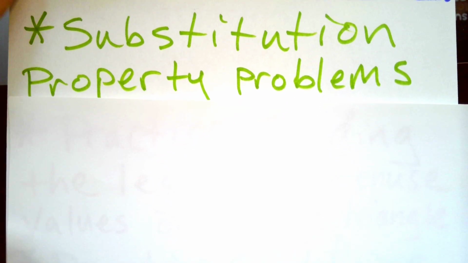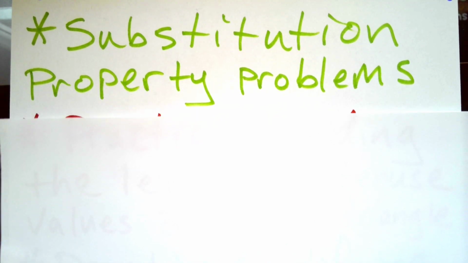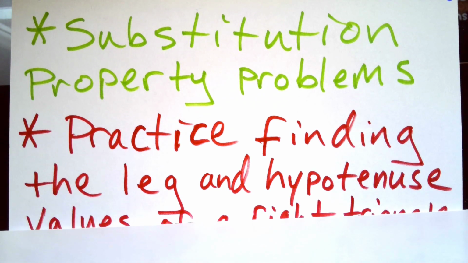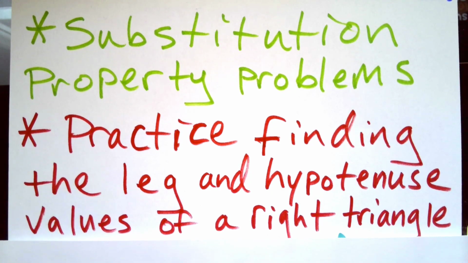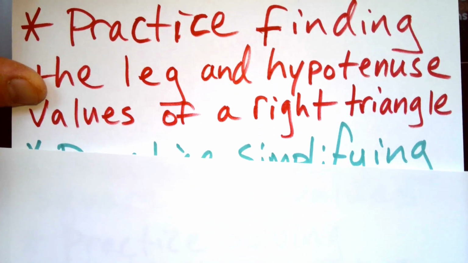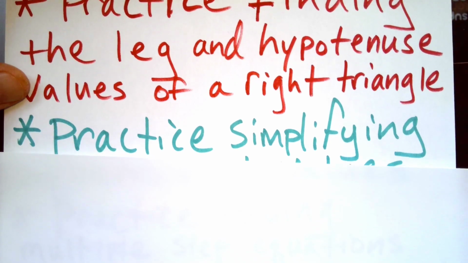You want to practice using the substitution property. That's what we did when we incorporated values into the formula a squared plus b squared equals c squared. Practice finding the leg and hypotenuse values of right triangles. That'll help you. And if I'm going too fast, please stop, pause, or rewind the video.